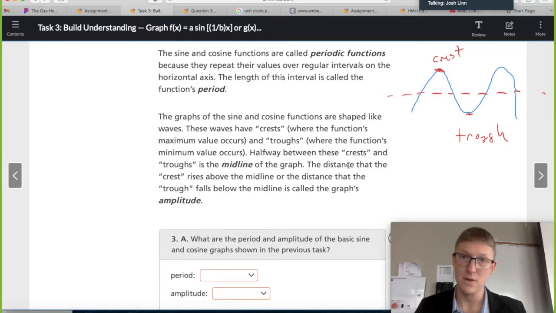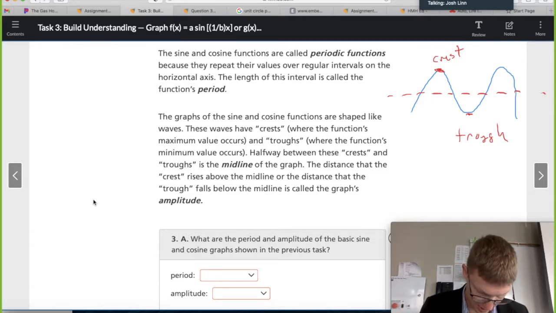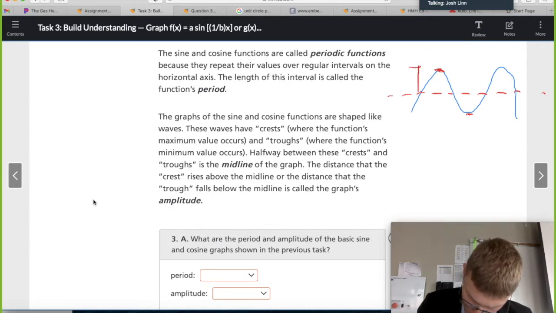The distance that the crest rises above the midline, or the distance that the trough falls below the midline, is called the graph's amplitude. So let's stick with red. So we're going to get rid of crest and trough and say this part is our amplitude.